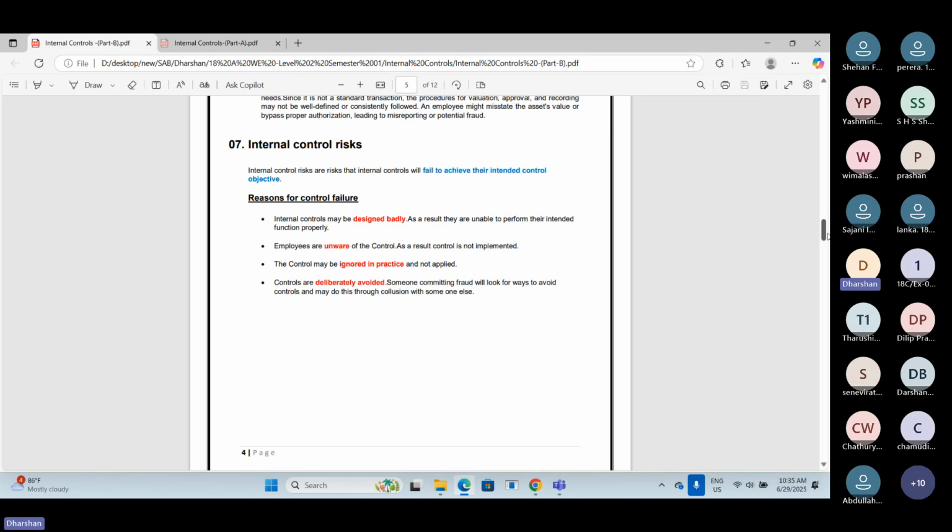So generally, the definition of risk is barriers and obstacles. Barriers and obstacles to achieve something are considered a risk.